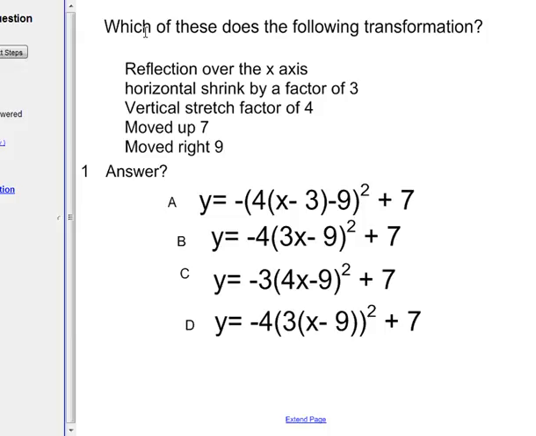I still want you to answer this question. Would you put it on your piece of paper? And I want you to circle it so that I can see it quick, so I can get a feeling for how many of you think it's A, B, C, or D. All right.